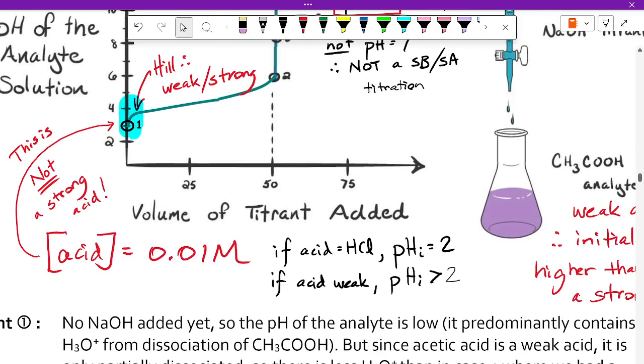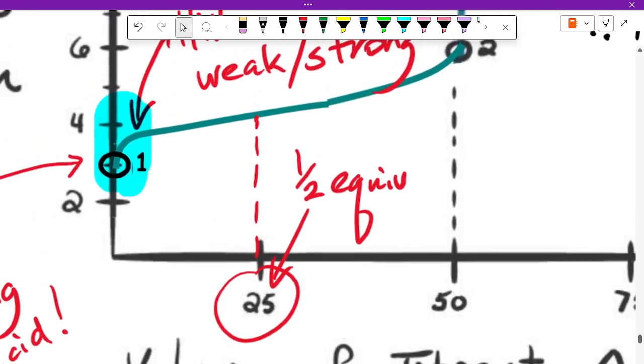And while we're here, let's label the half equivalence point. Why not? If this were actually our half equivalence point, what would the Ka of this weak acid be? I'm going to let you think about that for a minute.